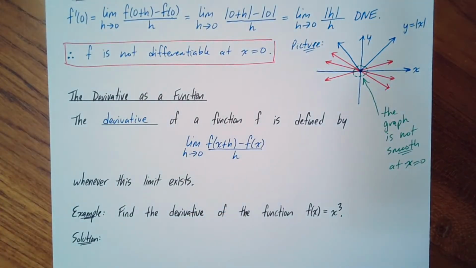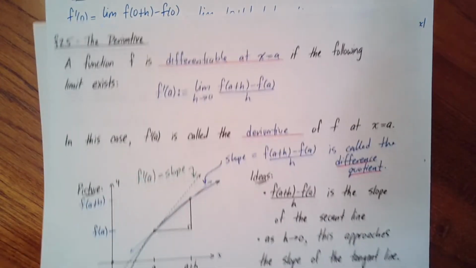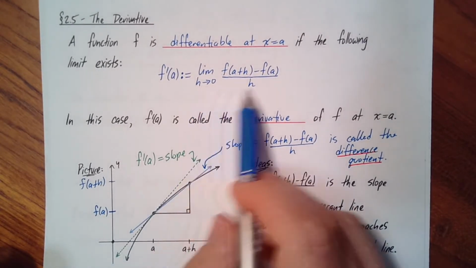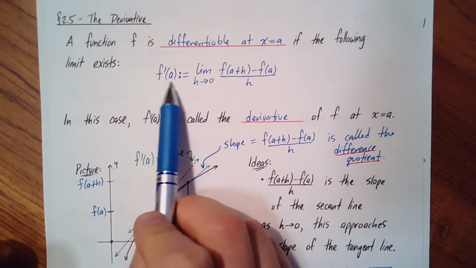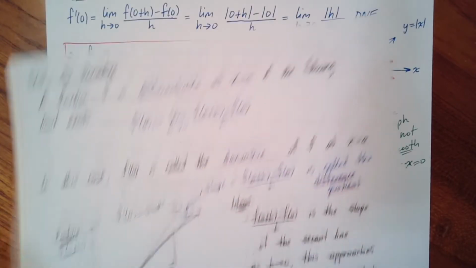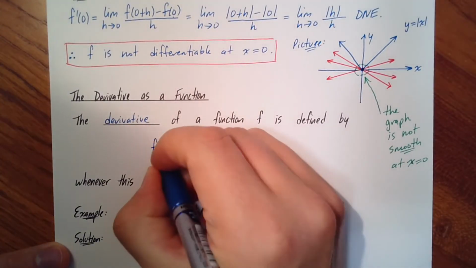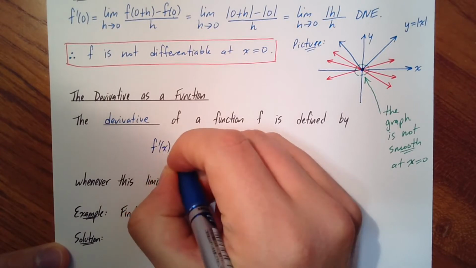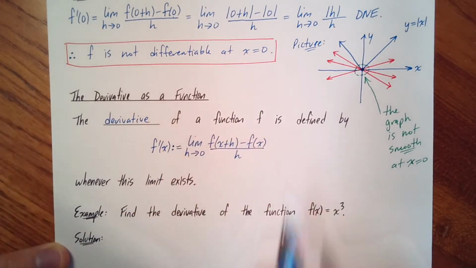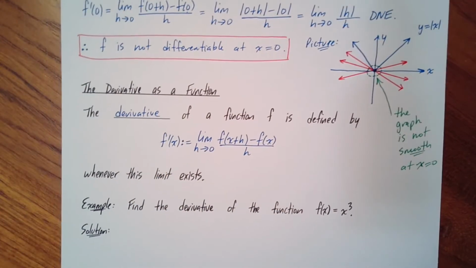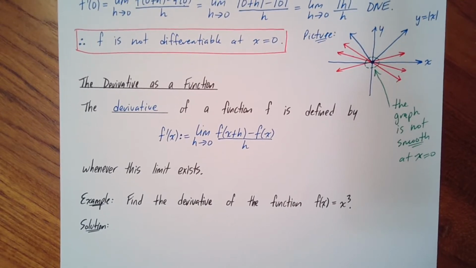So you see that looks a lot like the limit in this definition, except instead of an a, we have x everywhere, right? So guess what we're going to write for the notation for it? We're going to write f prime of x instead of f prime of a. And it's really nothing new. It's just not looking at a particular point at a time. You're just talking about the derivative as a function. So this is our new function f prime.